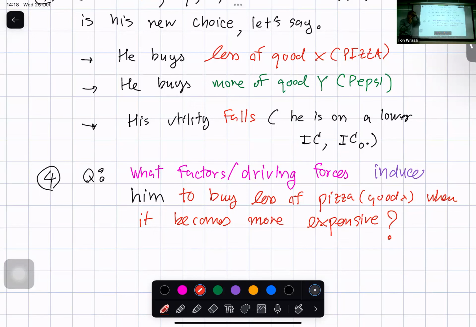Point number 4 is a question. We ask an economic question: is there any explanation why this guy buys less pizza when pizza becomes more expensive? What are the driving forces? What are the factors that motivate him to behave in this way?